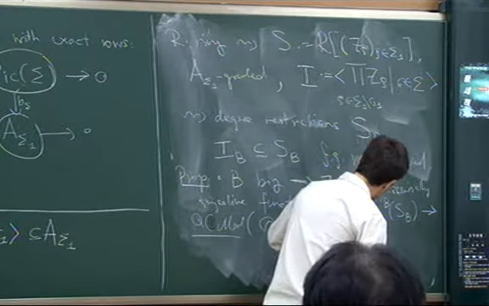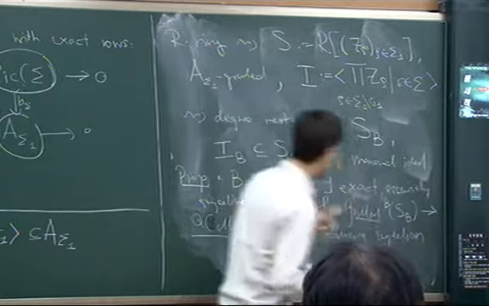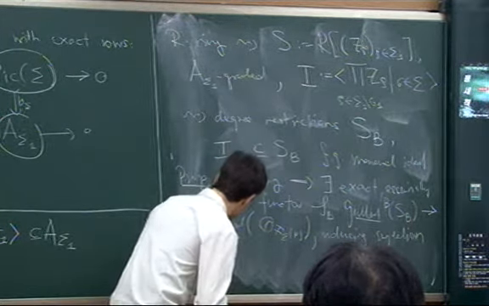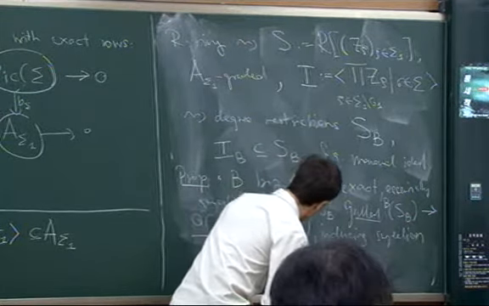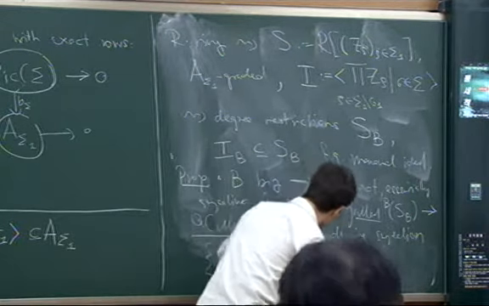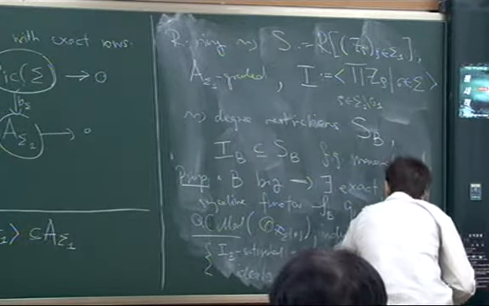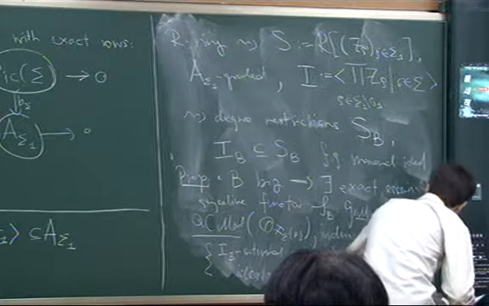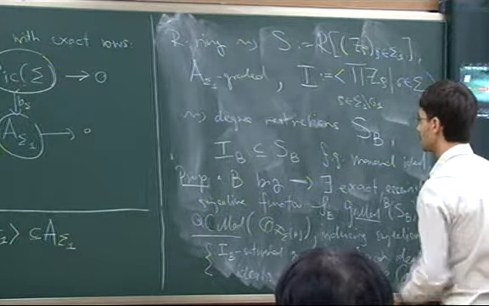And this functor induces a surjection from the set of IB saturated graded ideals of SB onto the set of quasi-coherent ideals on the toric scheme. This is the first part.